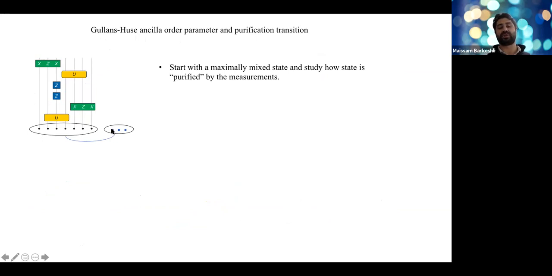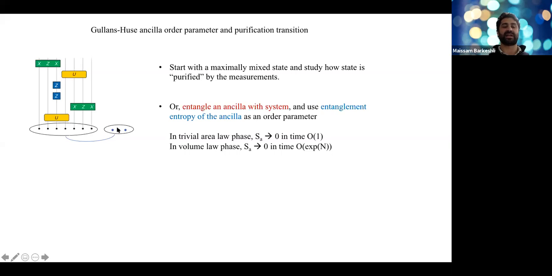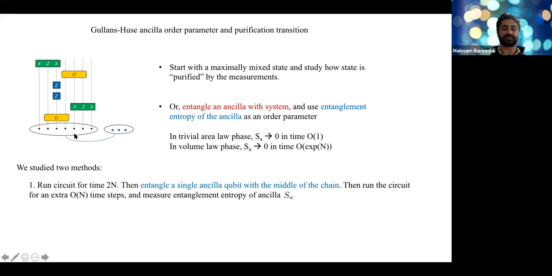We introduce a bunch of ancilla qubits, and create a maximally entangled state between the ancilla qubits and the system qubits. Then we look at the entanglement entropy of the ancilla. In the trivial area law phase, the entanglement entropy goes to 0 in a time that's constant. In the volume law phase, it goes to 0 in a time that's exponential in system size.